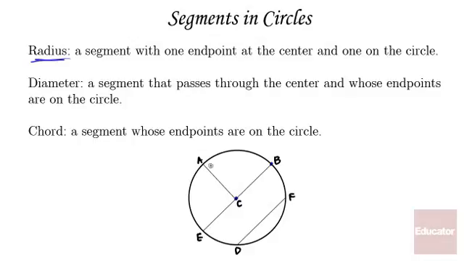CA, that's also a radius. I can say CA, I can say CB, I can say EC, each of those is a radius. Plural for radius is radii.